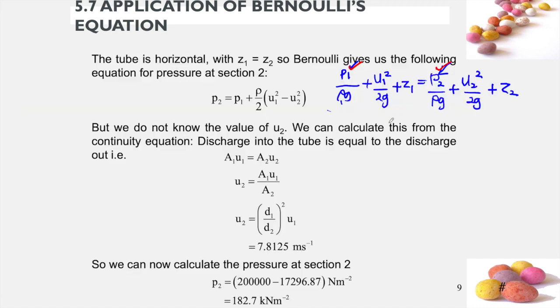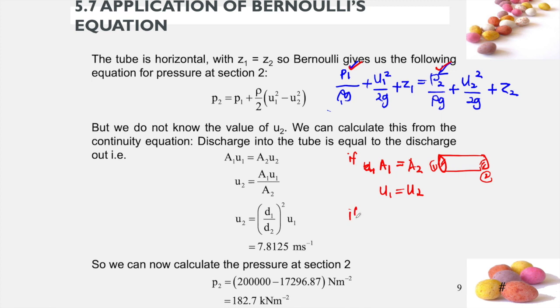If area 1 is equal to area 2, so this area at point 1 and area at point 2 are the same. Therefore, the velocity will be the same, and then you can cancel out the U1 and U2 terms.